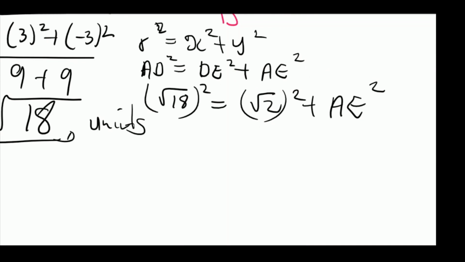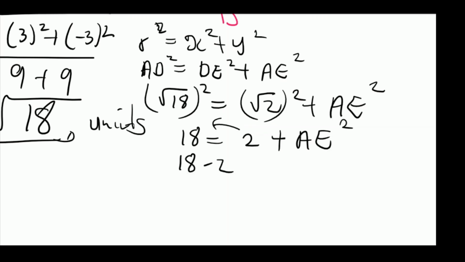The root of 18 all squared is going to give you 18, equals the root of 2 all squared, which is going to give you 2, plus AE squared. Transpose the 2 to the other side, we have 18 minus 2 is equal to AE squared, which gives you 16 equals AE squared.